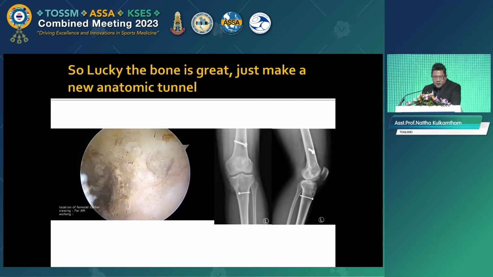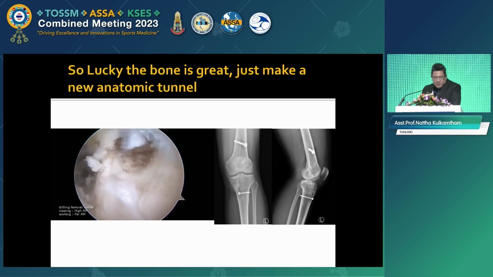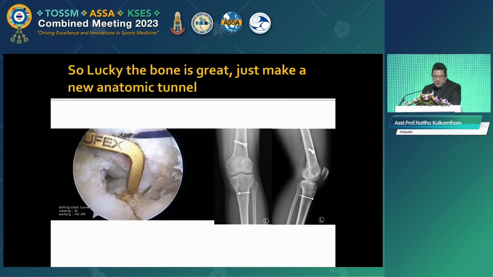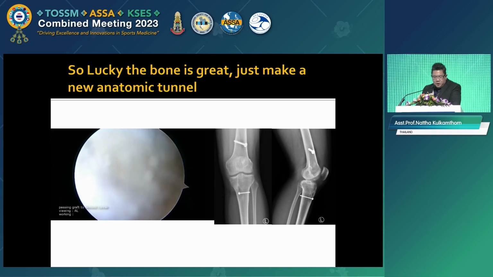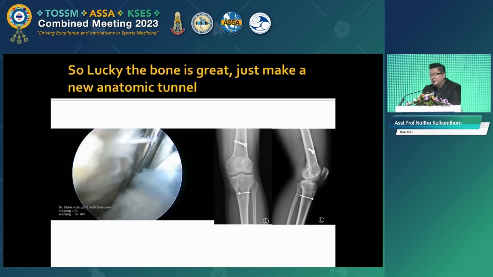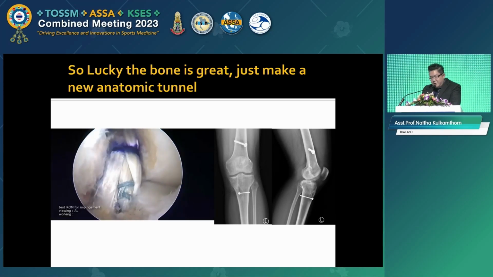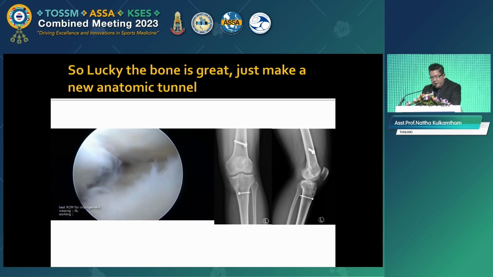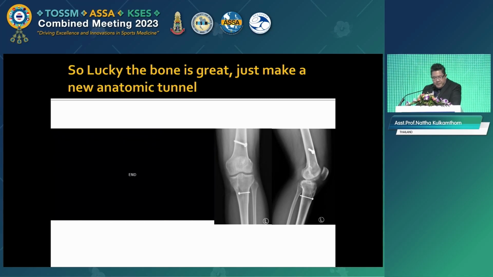So we go inside and see that the new place of the tunnel is quite good, so we can finish it. I used the peroneus longus graft to make a new graft for him. Right now it's 3 years. He still comes back to see me.